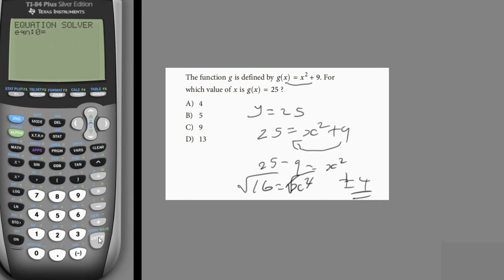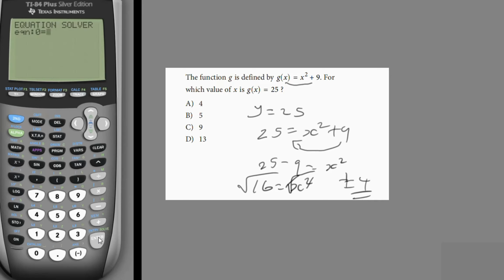Now if you are using the TI-84 Plus CE scientific calculator, the current model of this calculator, the process of solving equations on it is different from this silver edition. If that's the calculator you're using and you want to get used to how to make use of the equation solver there, check my videos on ACT maths on this channel.